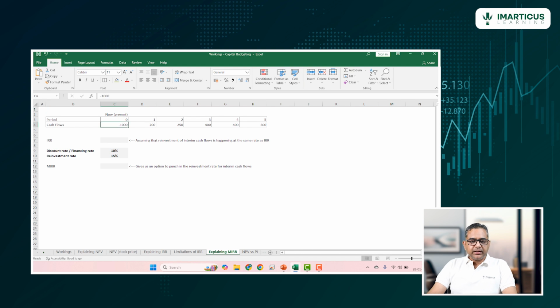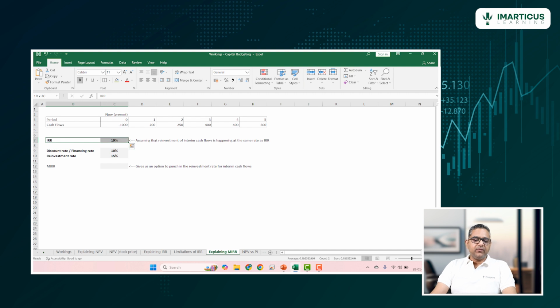So let's assume these are the cash flows we are looking at. Minus 1,000 is the present cash flow, cash outflow, and then these are the cash flows we are looking at for the next 5 periods. Then what is the IRR? We can calculate it through the IRR function. IRR comes out to be 19%.